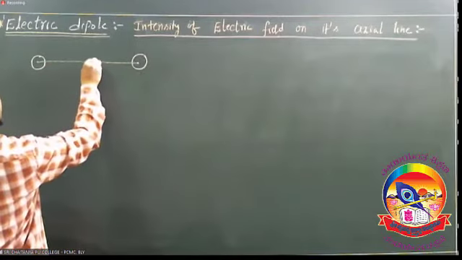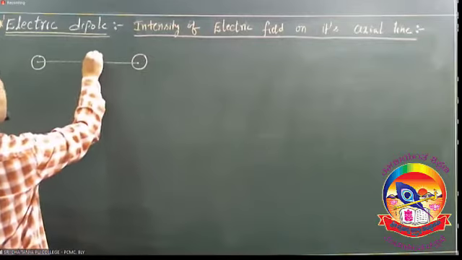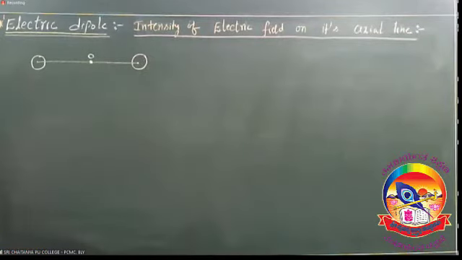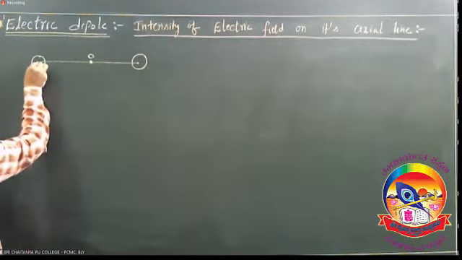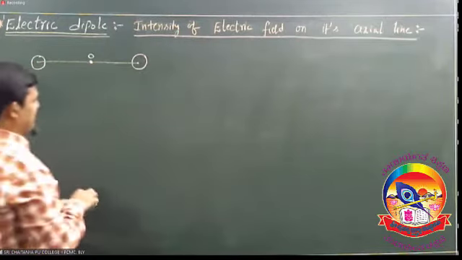This is the center, O, center of the dipole. This is the minus charge. This is the plus charge.